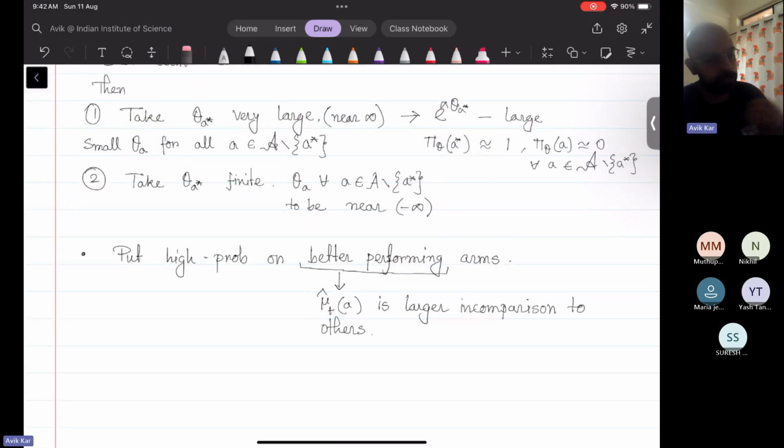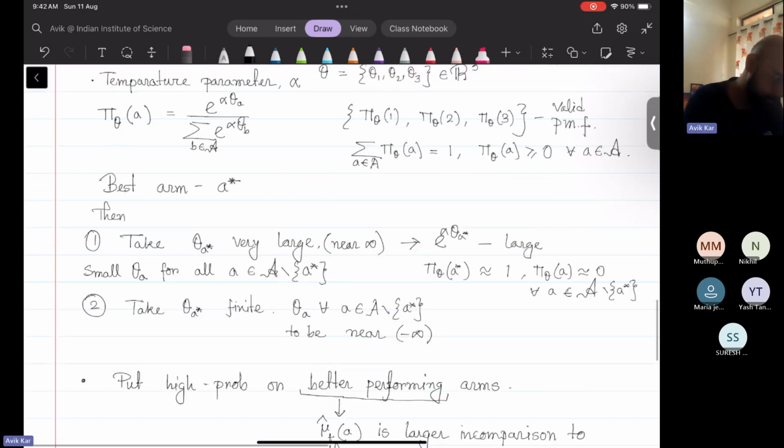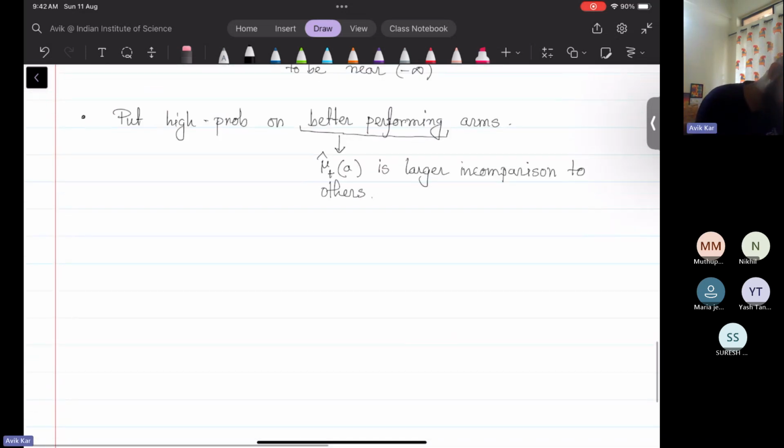So how we can use the Boltzmann parameterization in this context is the following. At time t, we keep parameter theta t, and pi t a equals e to the power alpha theta t a divided by the sum over b of e to the power alpha theta t b.